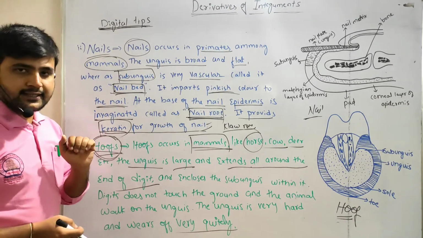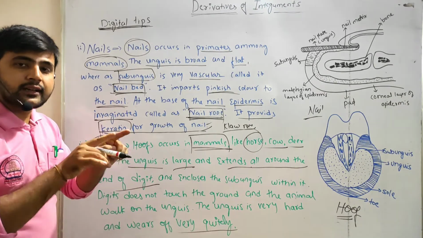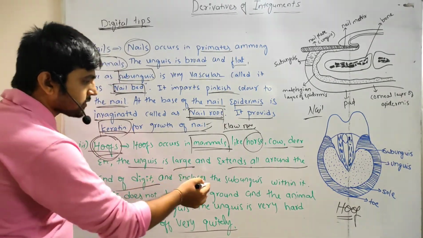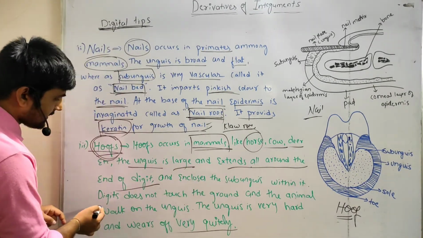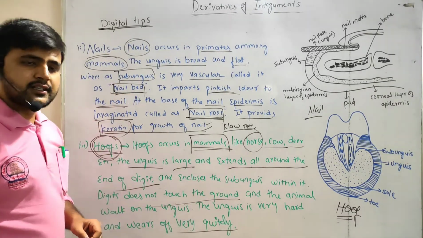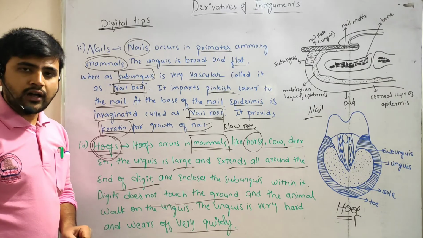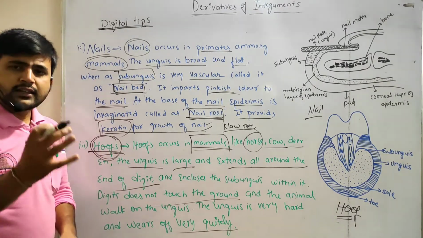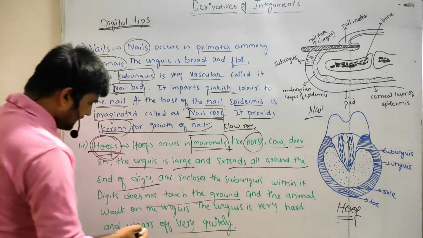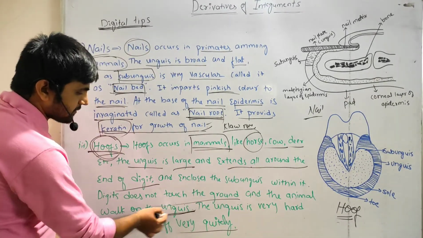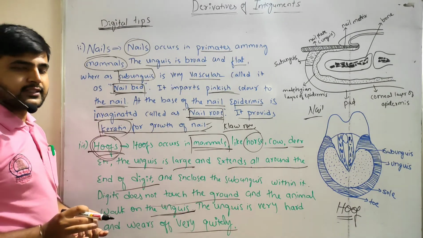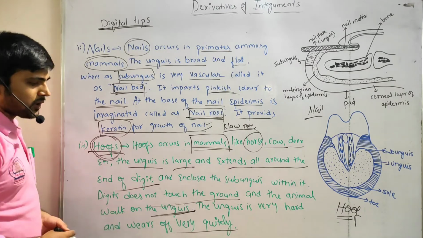Here the anguis totally covers the subanguis. The digits do not touch the ground, and the animal walks on the anguis because the terminal part of the digits is totally covered by it.